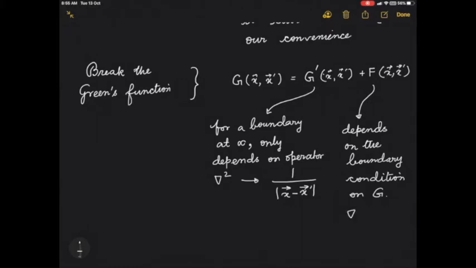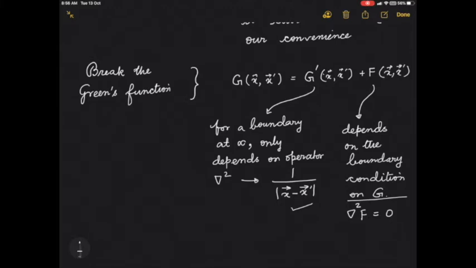So G has a boundary condition, F will depend on that boundary condition, and F is a solution of this equation with that boundary condition. So the boundary condition will be on G, that is what I will choose for a given type of problem. Once I choose the boundary condition on G, G prime is already known, depending on the operator.